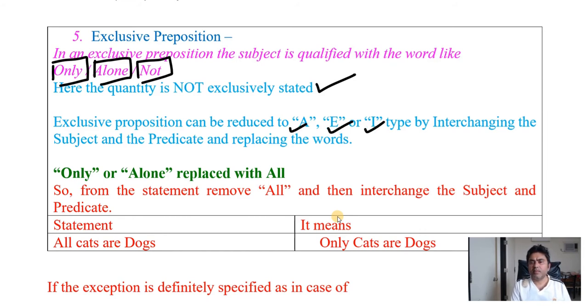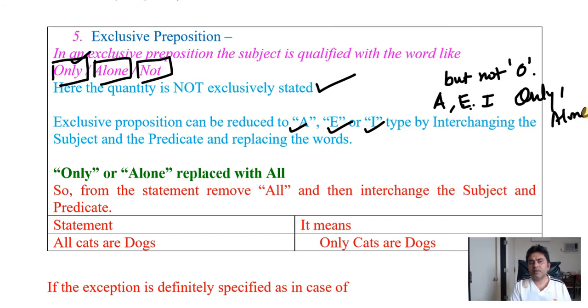So from the statement remove all and then interchange the subject and predicate. For example, all cats are dogs. So you can convert it to only dogs are cats. What you did, you removed all and put only.